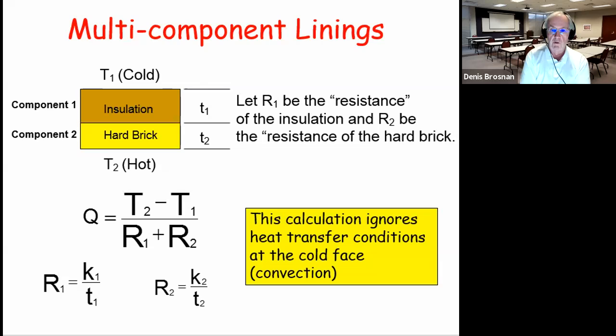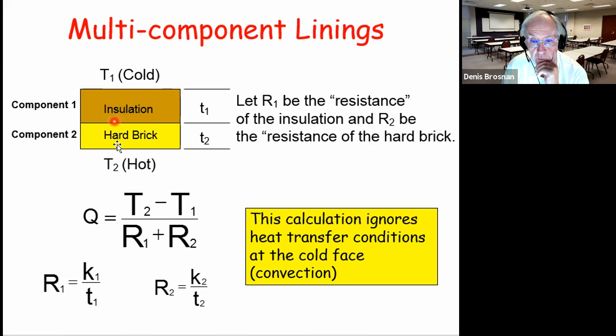Now, if we have two components, as we typically do in an industrial furnace, if it's not fiber lined, we may have a hard outer layer to resist the environment and a lightweight or insulating material on an inner layer. And so each one has a thermal resistance, okay?